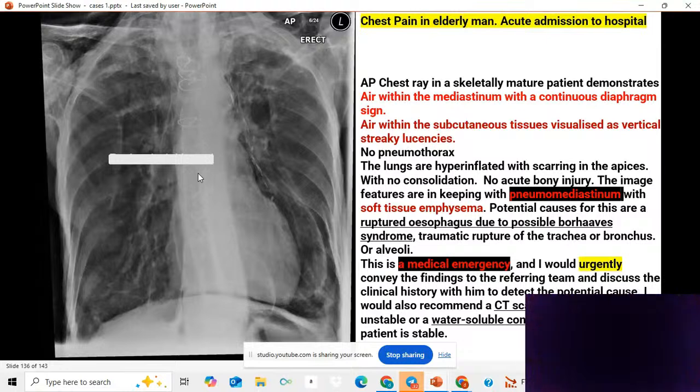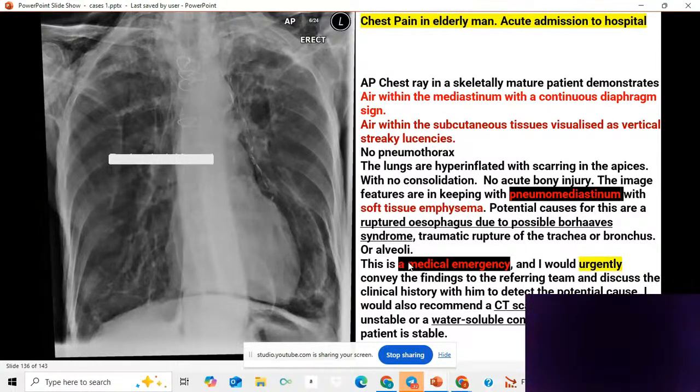Then, traumatic rupture of the trachea or bronchi or alveoli. These are the potential causes for pneumomediastinum.